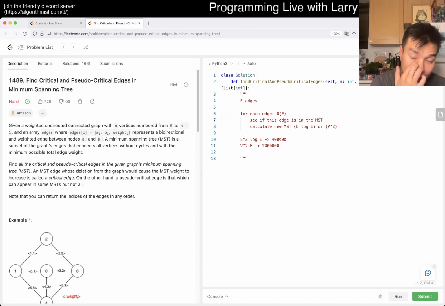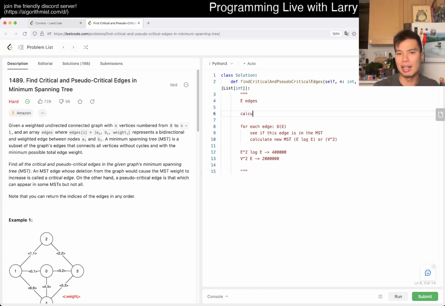My first thought, and I don't know if it's that naive, is to calculate the MST, and then for each edge in the MST, which reduces this O of E thing to O of V. But that's not always true, because this MST doesn't have to be unique. And because of that, I don't know how to do it, versus just doing it for each edge.